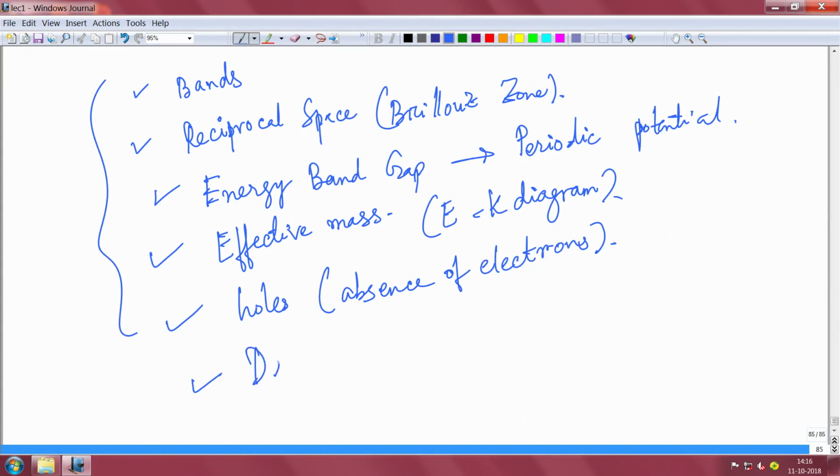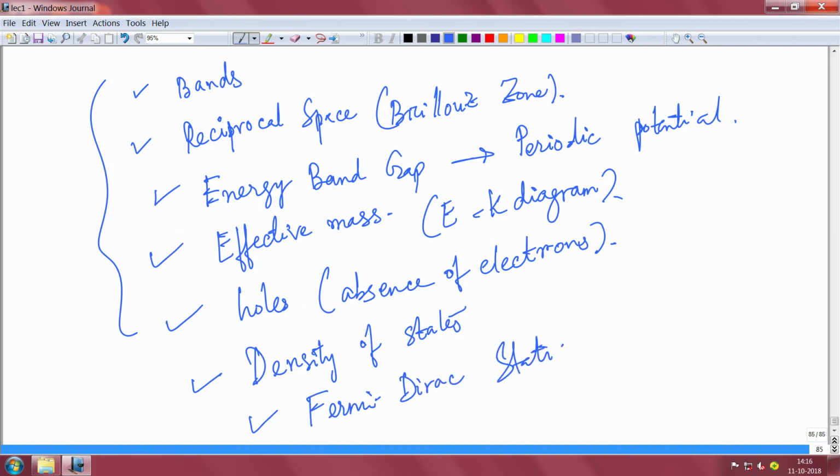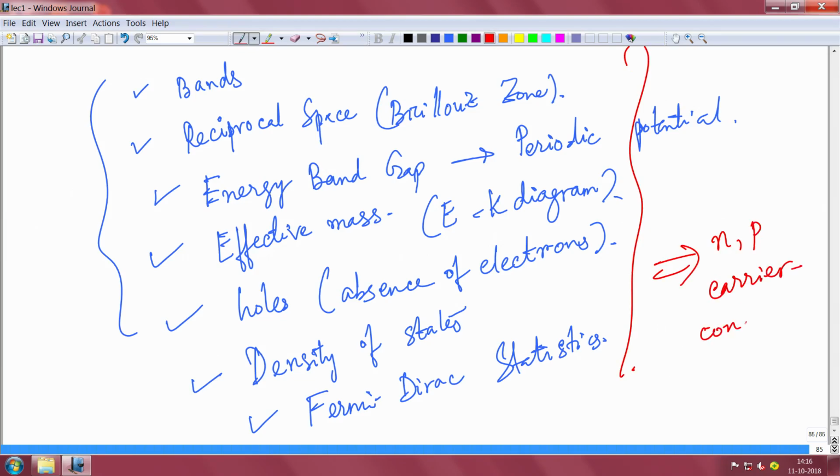Then we came to density of states to tell us how electrons and holes will populate the number of states that are there, which also depends on Fermi distribution, Fermi-Dirac statistics. And from there, we went to how to calculate carrier N and P concentration. So, those we have discussed, how to calculate carrier concentration, what is doping, right.